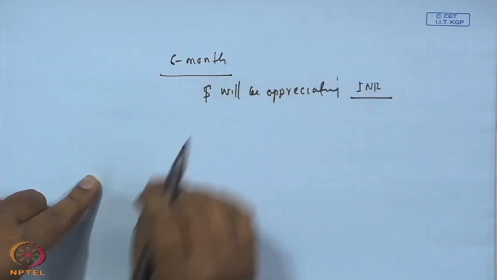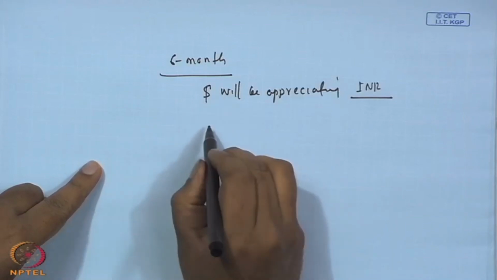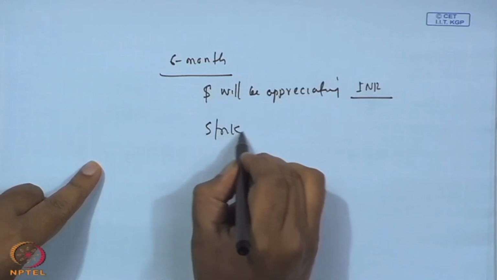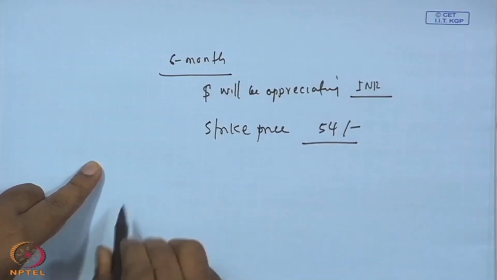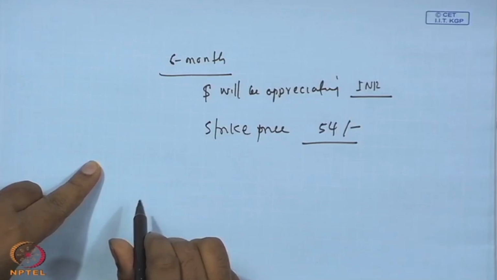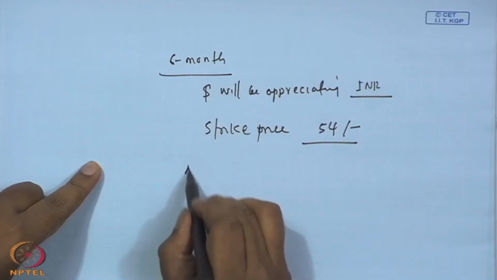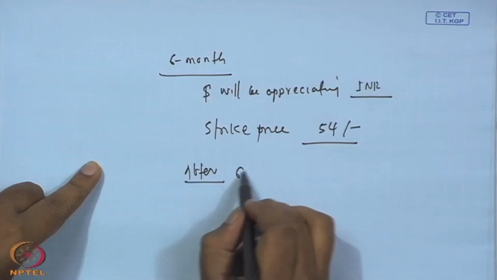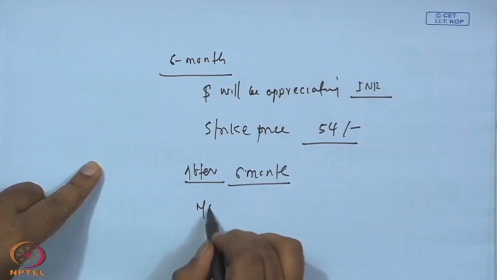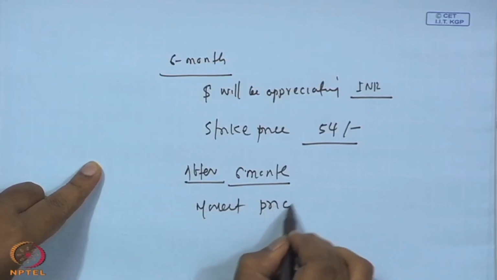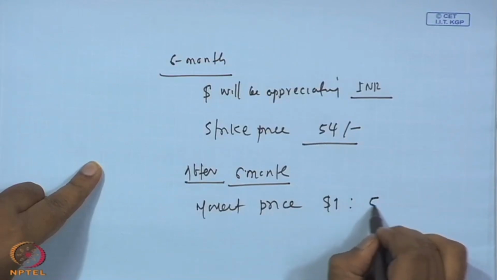I will go to the option seller and ask for a quote for the US dollar call option. Suppose he has given a strike price of 54 rupees per dollar. After 6 months, at the actual expiration date, the market price of the dollar has appreciated to 56 rupees.